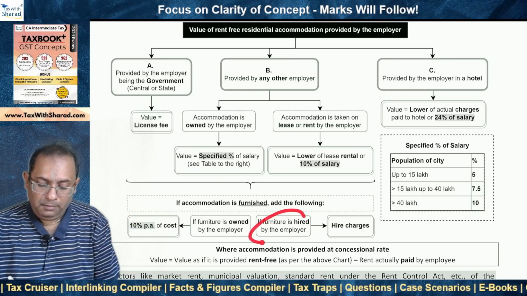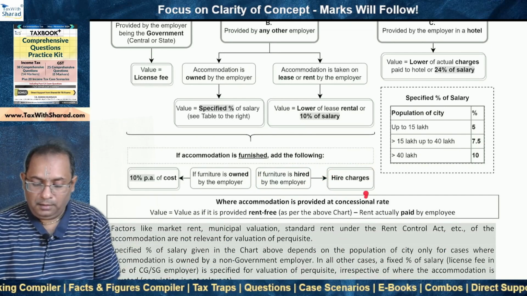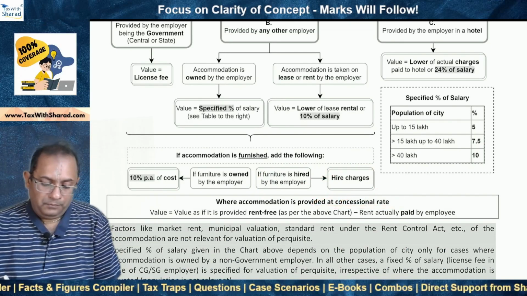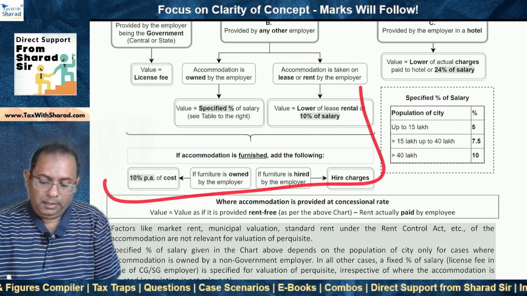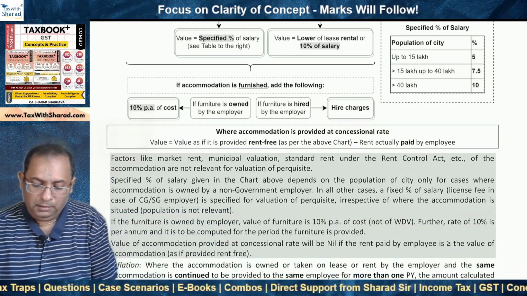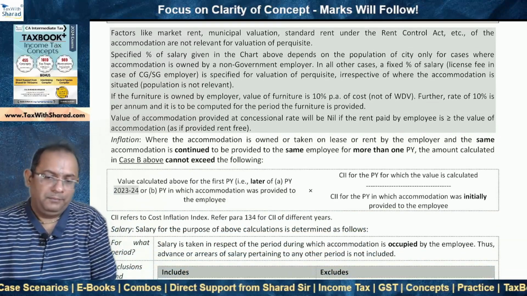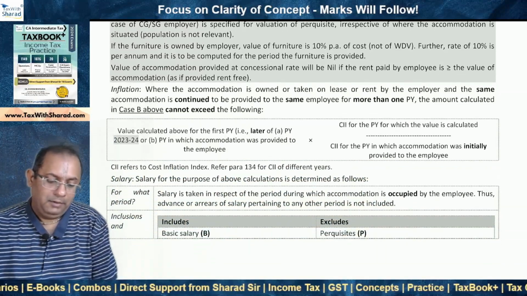If the furniture is hired by the employer, we add the hire charges. And where the accommodation is provided at a concession rate, from the value that we arrive at, we reduce the rent actually paid by the employee, and this brings us to the amount of the value of the perquisite that we need to add to the income taxable under the head salaries.